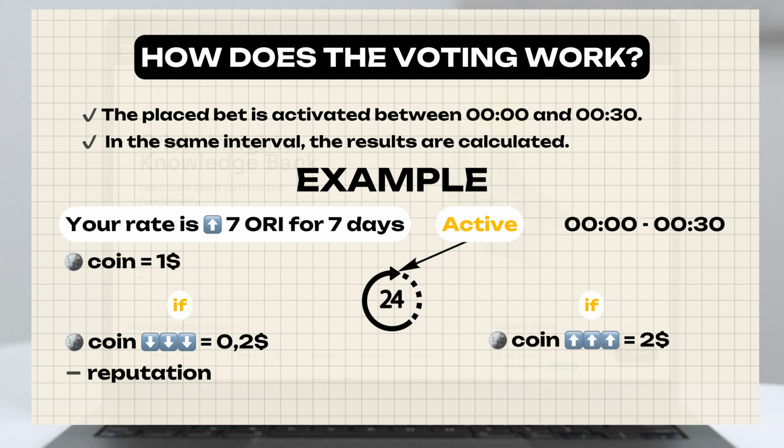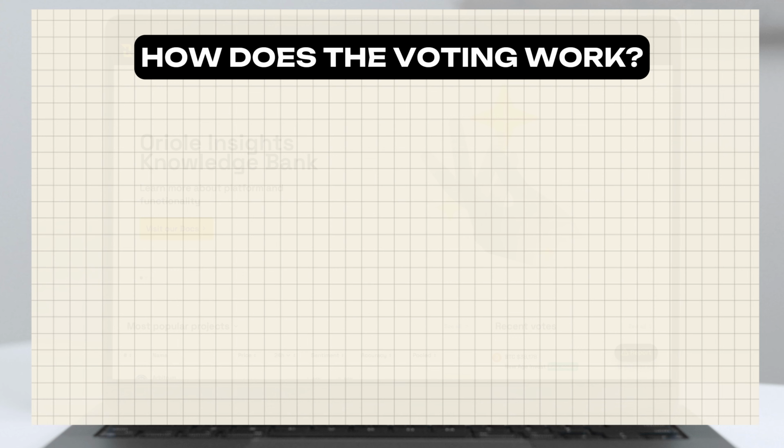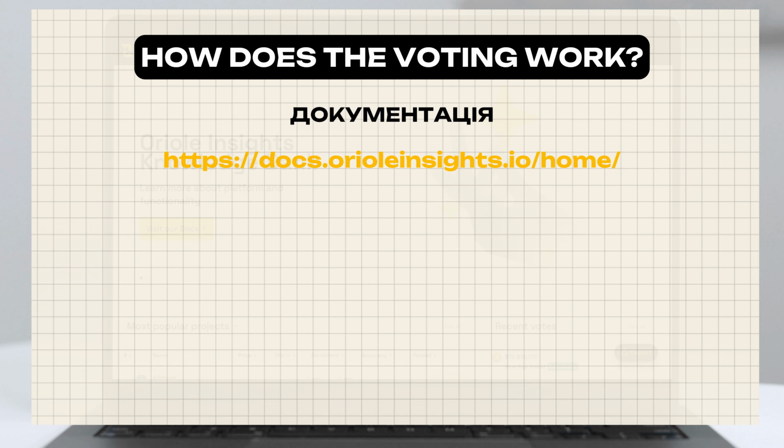If more than $1, you get a reputation boost and a reward in ORI, which is calculated according to a formula and depends on the total number of bets made, their success, and your reputation. Such a calculation is carried out every day relative to the value of the coin at the time when you made a bet. A detailed description of the working mechanism is available in the documentation.